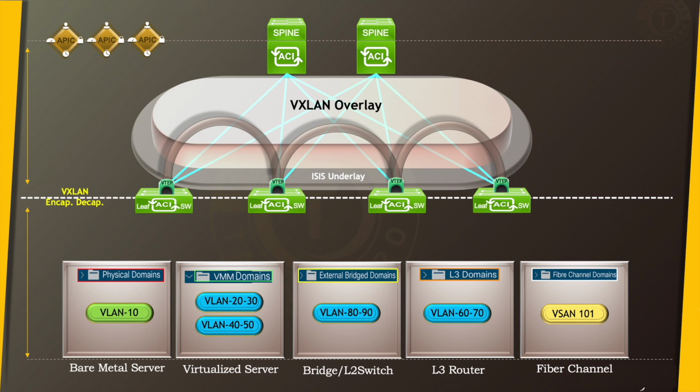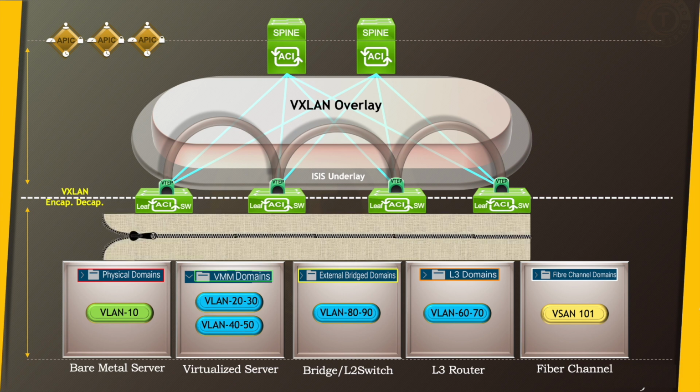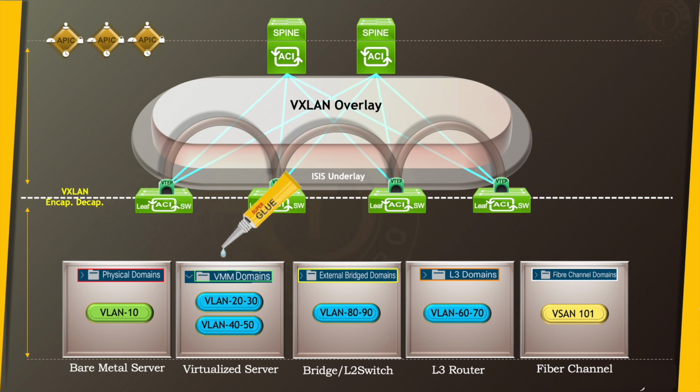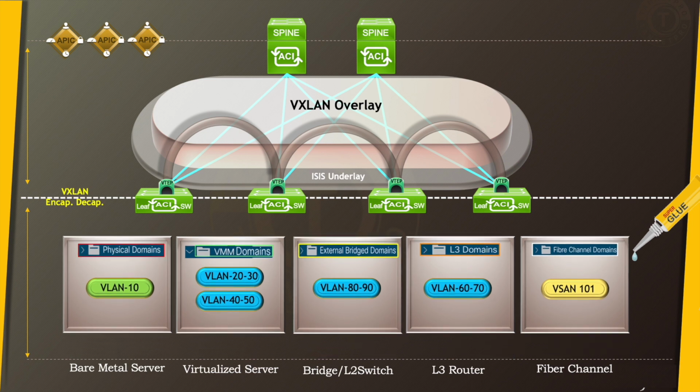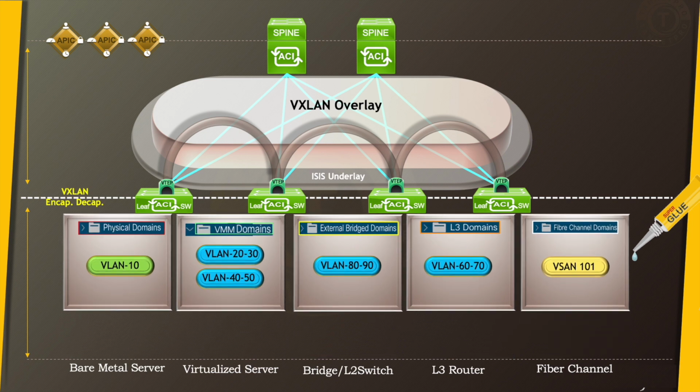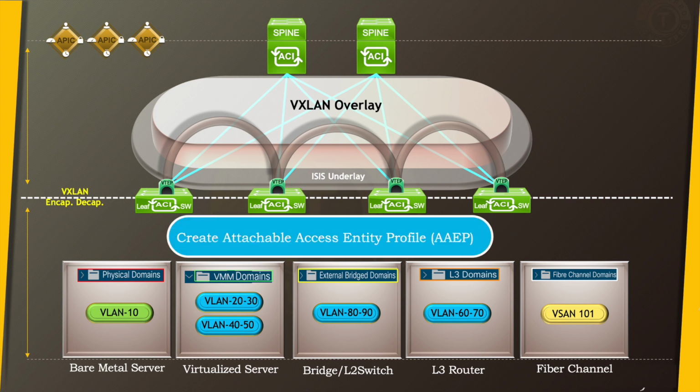So we are looking for something like a zipper, which will help us tie or attach together, right? Or something like a glue, which will help us attach this physical domain or pools together to the interfaces. So the solution here is that we will create an attachable access entity profile, which is called AAEP, or sometimes we call it AEP.